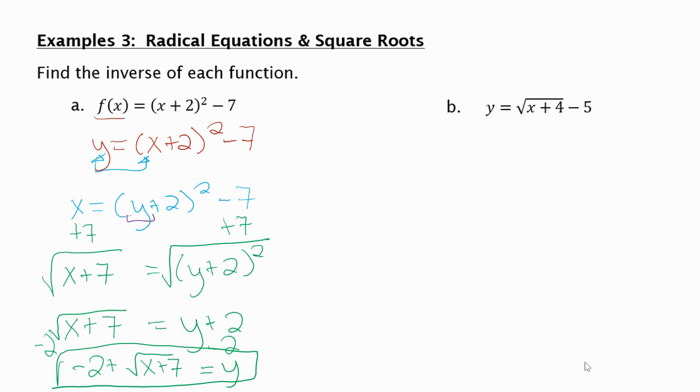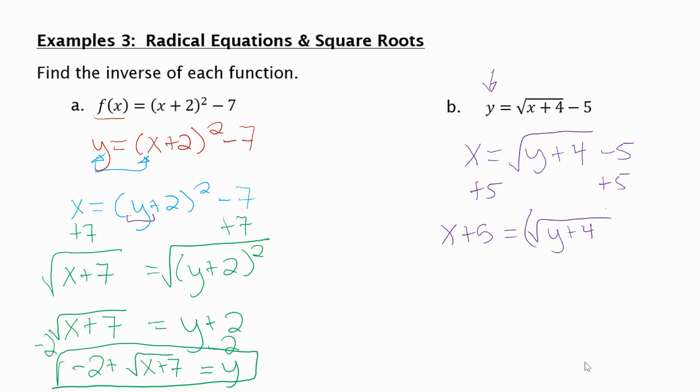the last example here, part B, we would do the same thing. So this one I already have as a y, so we can just kind of flip the order. And then just solve. If we have a square root, we're going to go ahead and square both sides, because again, the inverse of square rooting is squaring and vice versa.